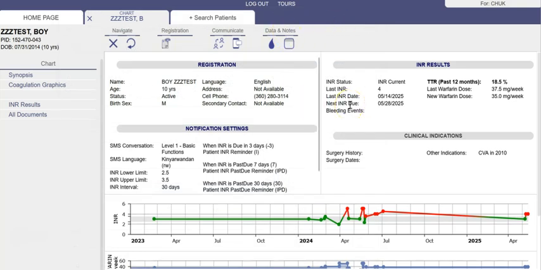So how is this useful? Well, the TTR is the gold standard of effectiveness of anticoagulation. A patient may be very high one day and very low the next, but as long as most of the days that the patient is being monitored are within therapeutic range, then the risk of embolic events is low and the risk of bleeding events is low.